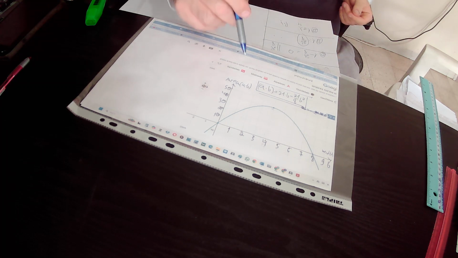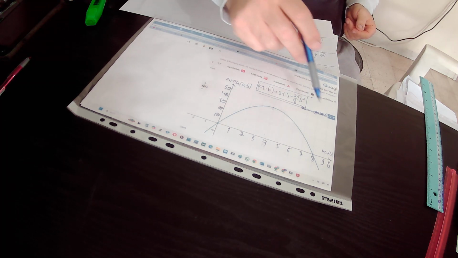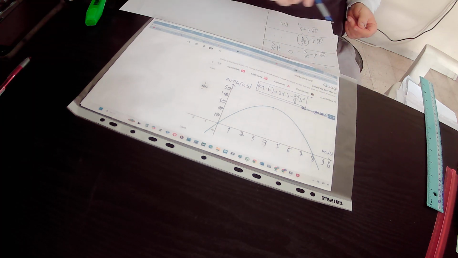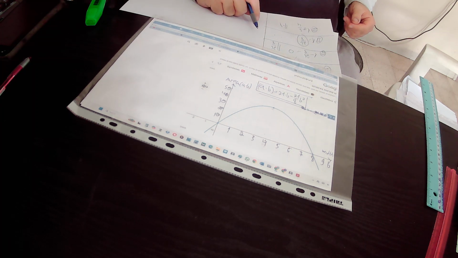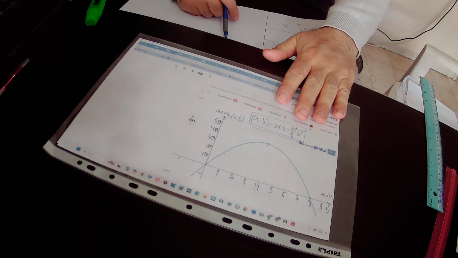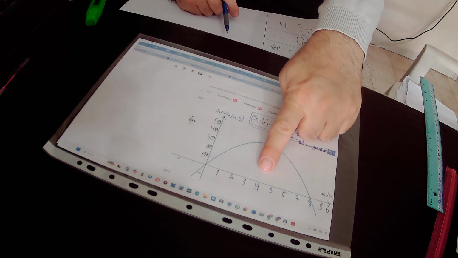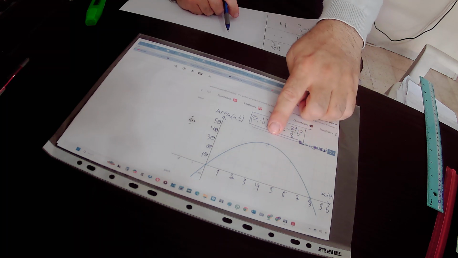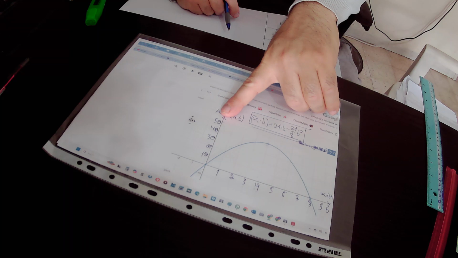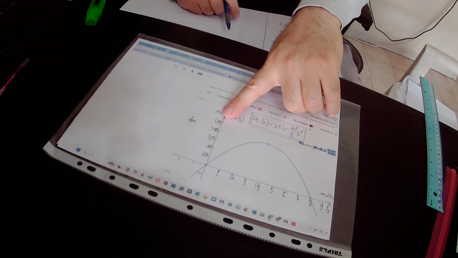On the y-axis we have the area, on the x-axis we have the width B. And it is very easy to see from the graph that when B equals 4 units in its length, that is the extreme point for the function area, then the area of rectangle PQST is at its maximum value, that is a little bit bigger than 40 square units.